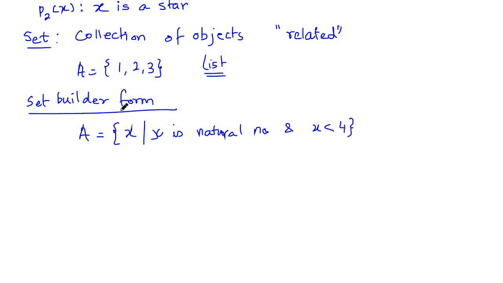Again, this refers to the same set {1, 2, 3}, but it is written in set builder form because it provides a statement that bears a truth value. Either this P(x) is true for that particular x, or it may be false. It cannot be something else. So we say that the proposition is identifying the membership of x. These are sometimes called membership property.